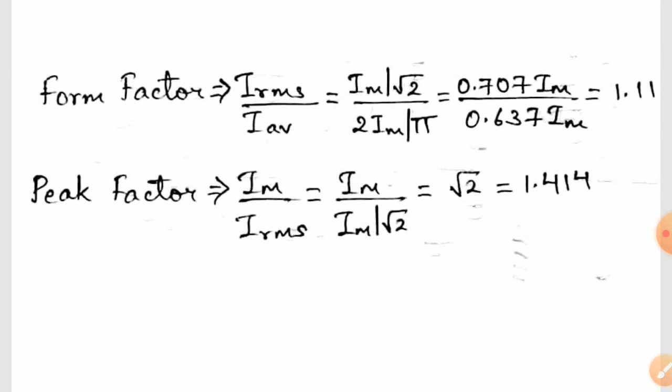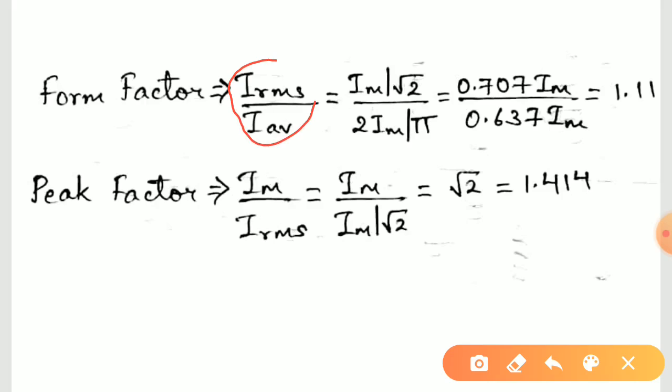Form factor on considering a sinusoidal current is Irms upon I average.